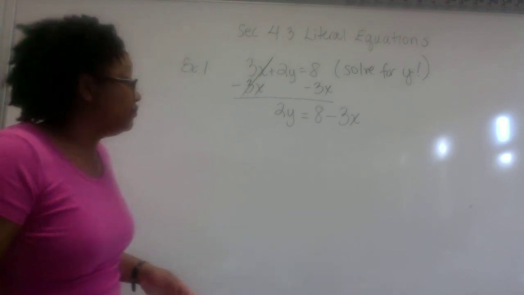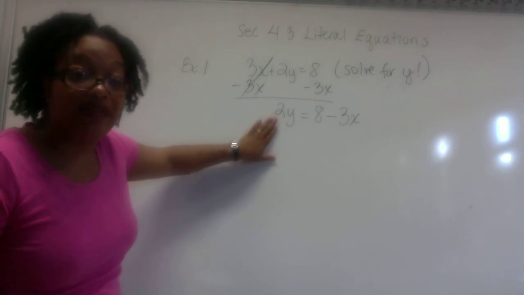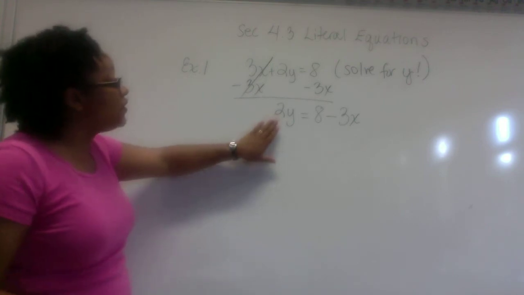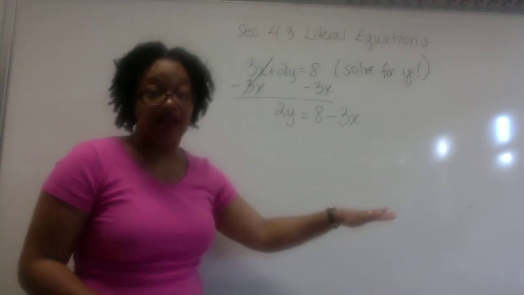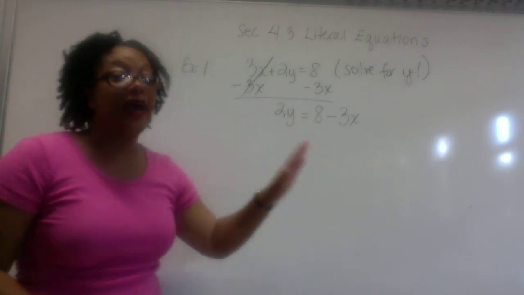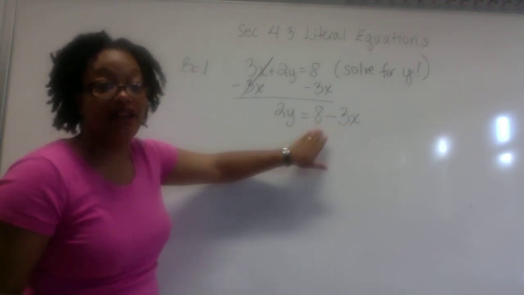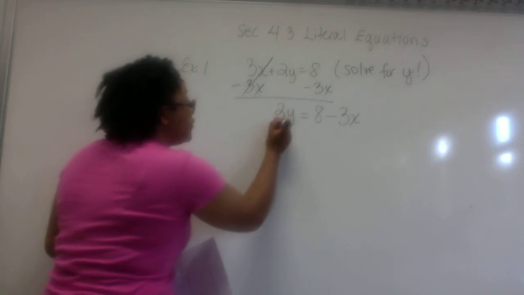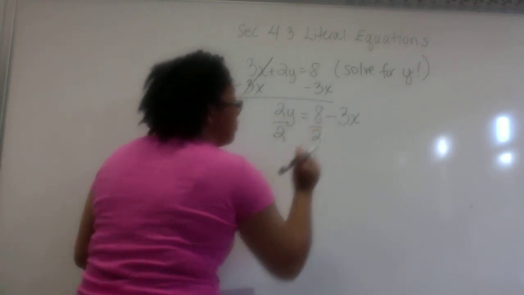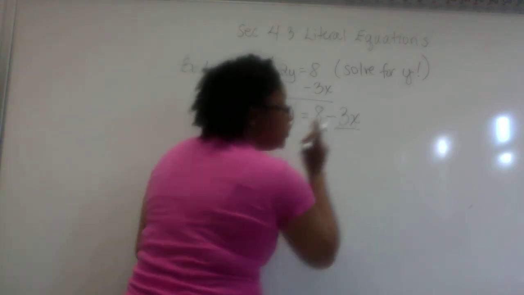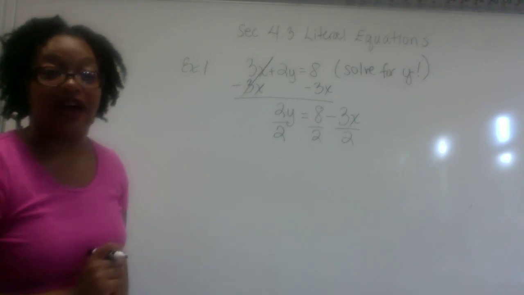Okay? Now, the y still has this 2 right beside it. So I need to take this 2, if I'm multiplying the 2, and divide everything by it. So that means that both of these terms are going to get divided by 2. I know that I have to divide by 2 here, so they cancel out. And then the 8 has to be divided by 2. And then the negative, you notice how I said negative? The negative 3x is also being divided by 2.